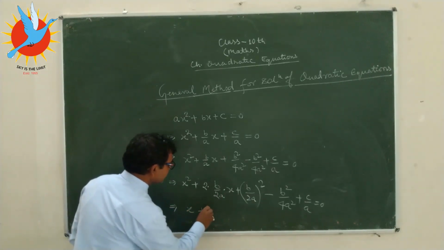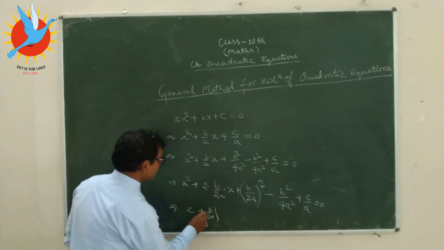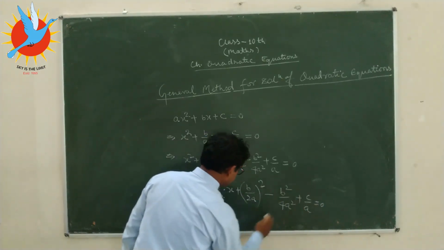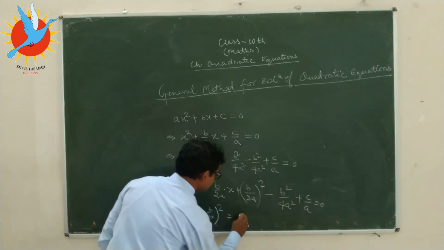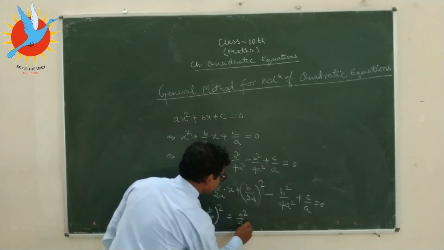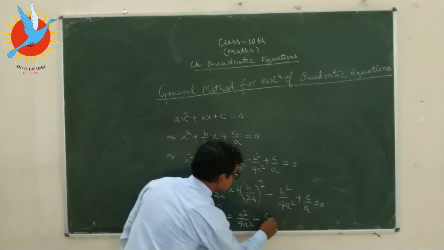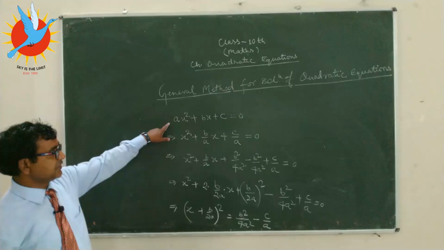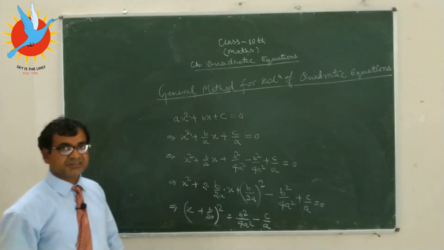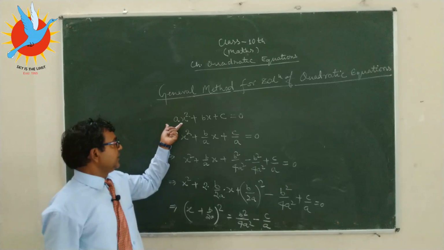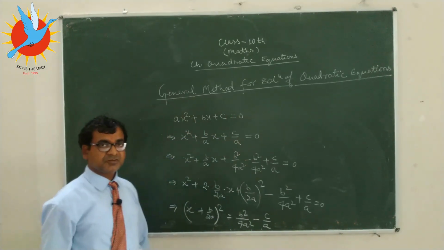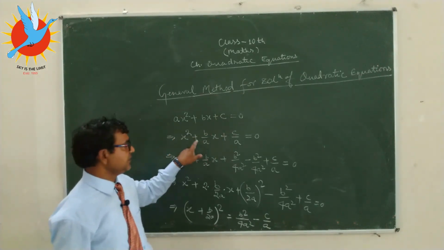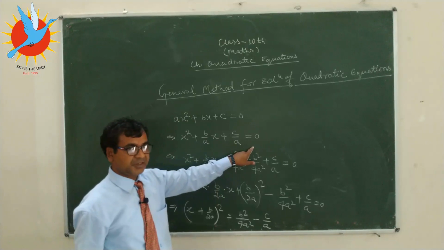x plus b by 2a whole square equal to, this can be taken to the right hand side, this will become b square by 4a square minus c by a. Now see once again from the beginning, we have taken the general equation ax square plus bx plus c equal to 0. Now we have divided the entire equation by a and this converted into this form.